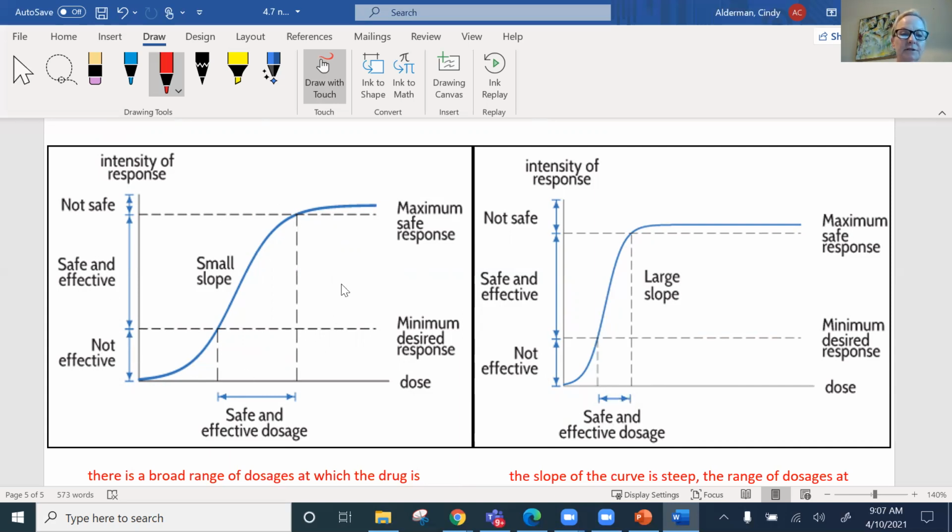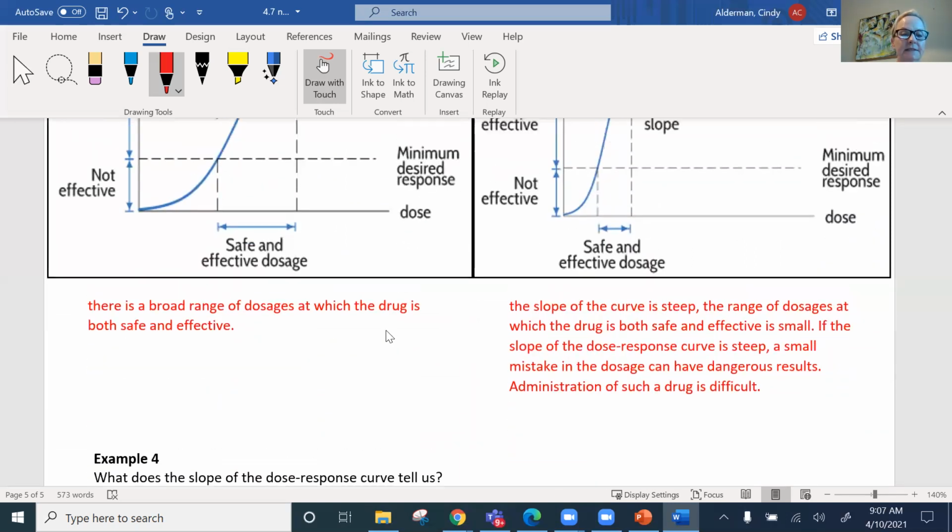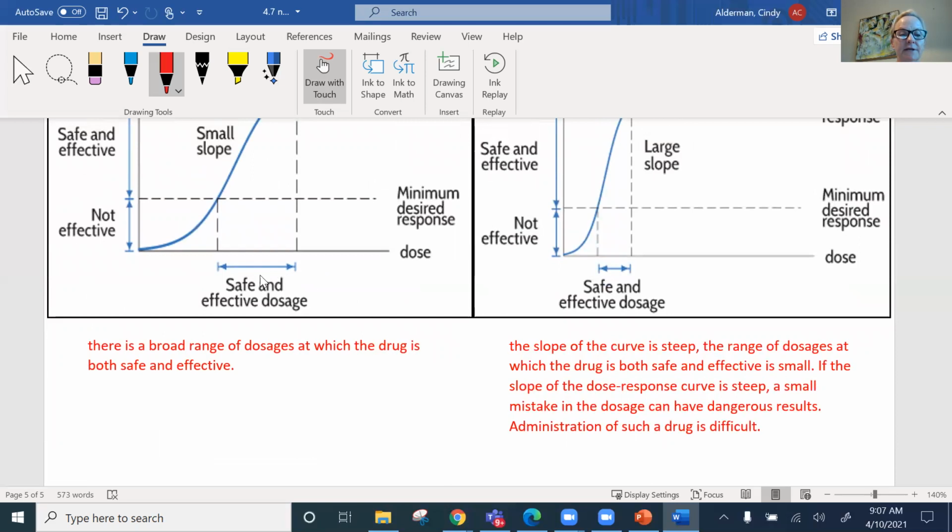So you would want a drug with this situation because there's more leeway here than a drug that reaches its capacity sooner. And it basically says this. So here is the broad range of dosages, where broad means bigger, right, than over here.